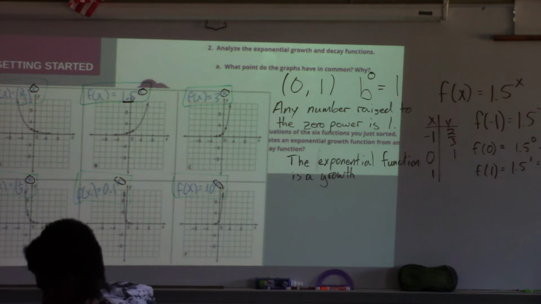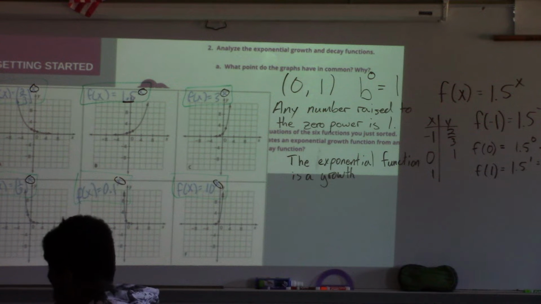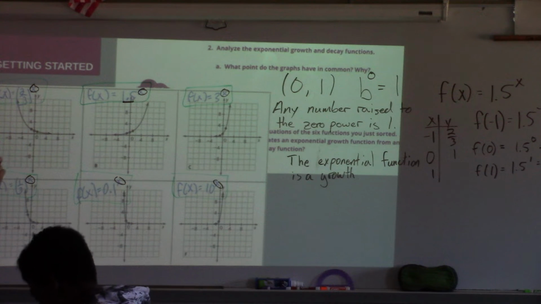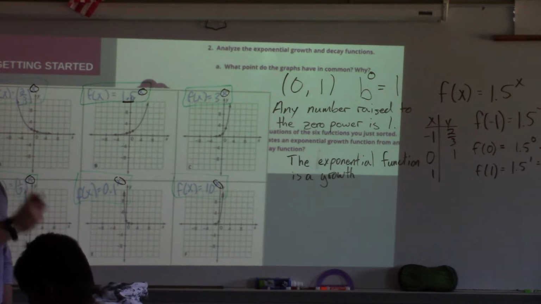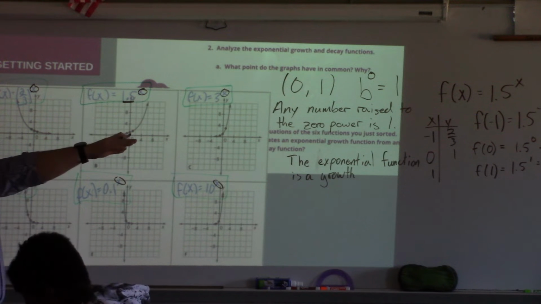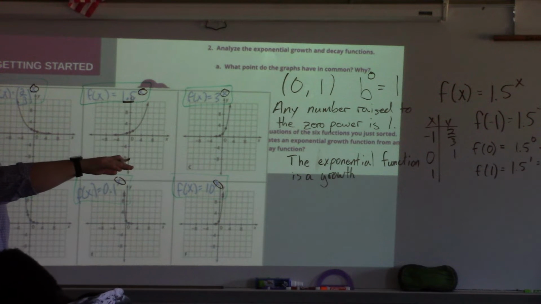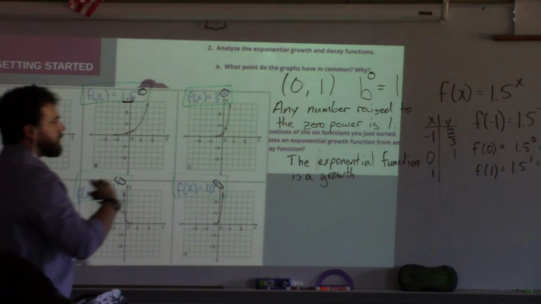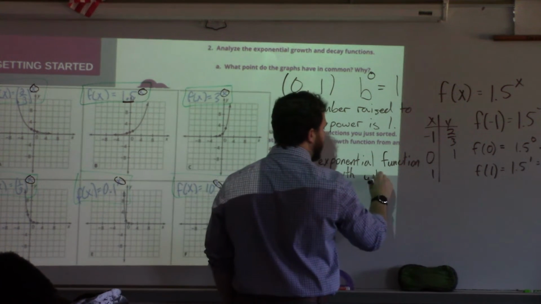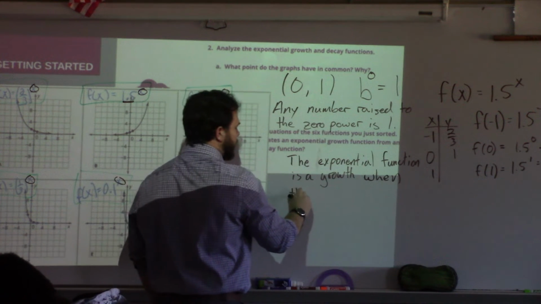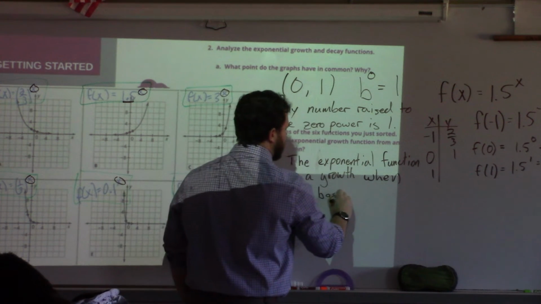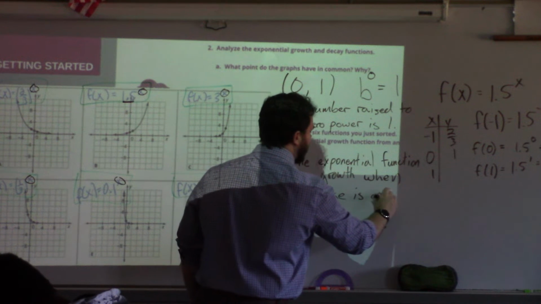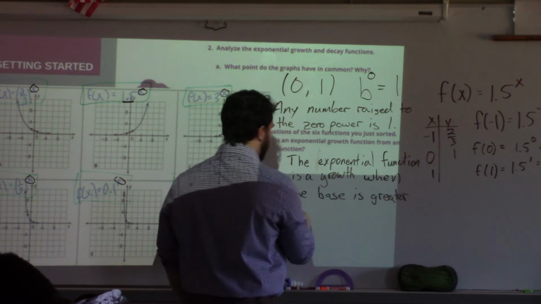You're close, but you're missing a key word. If you're using the word it, you're not being precise with your language. What needs to be greater than 1? The variable? The base. Isn't that the base of our exponential function? So the exponential function is a growth when the base is greater than 1.